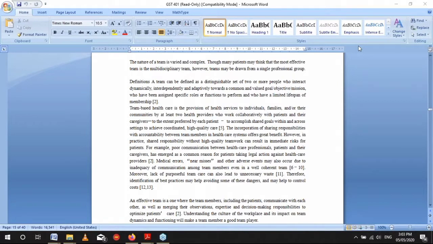The next point, you need to create a culture of continuous commitment to change.